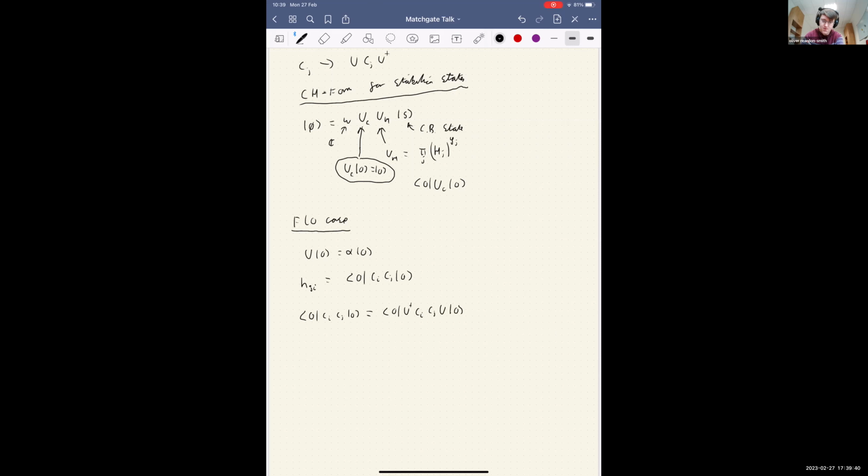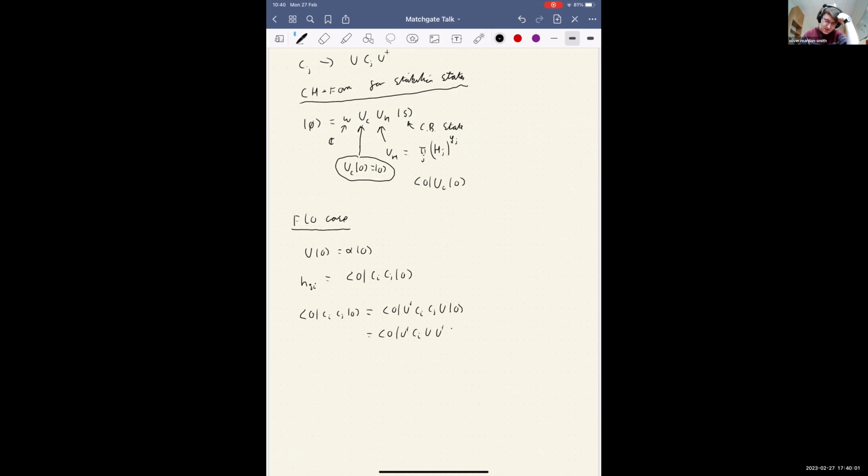Right, because we're assuming that U maps |0> to something proportional to |0>, and the alpha from the U dagger term and the alpha from the U term cancel out because they're norm one complex numbers. Okay, but U is an FLO unitary. So in particular, this is <0| U dagger c_i U dagger c_j U |0>. I just stuck an extra U dagger in here.